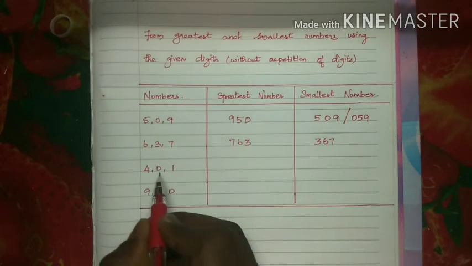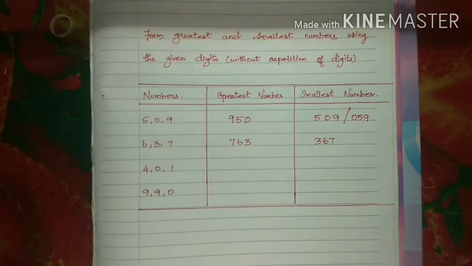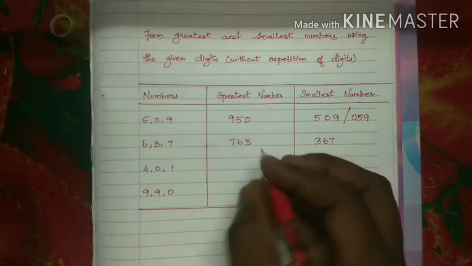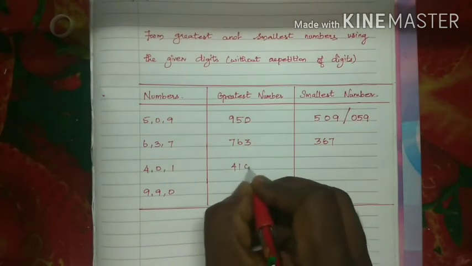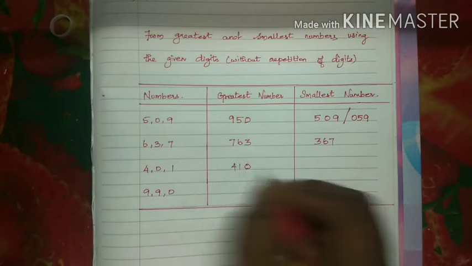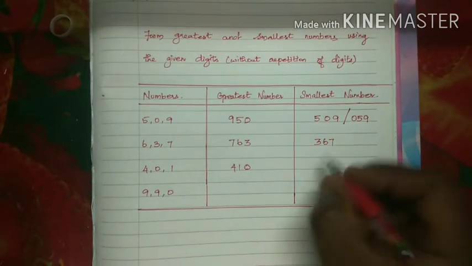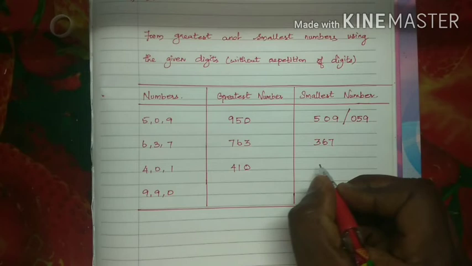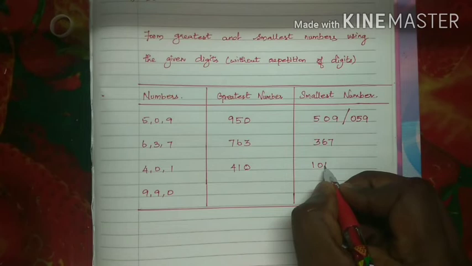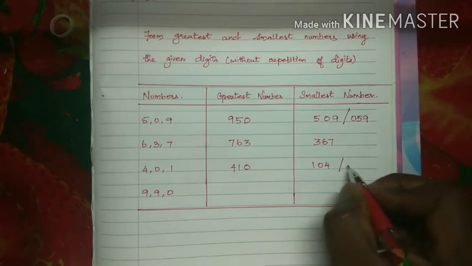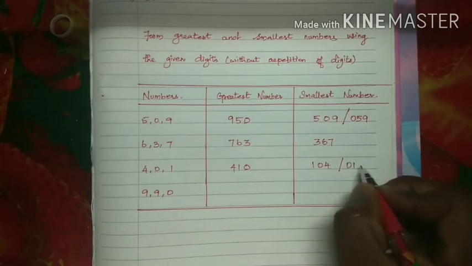Now 401, which is the greatest number? 4, then 1, then 0. So the greatest number is 410. Now tell it in ascending order: 0, 1, 4.